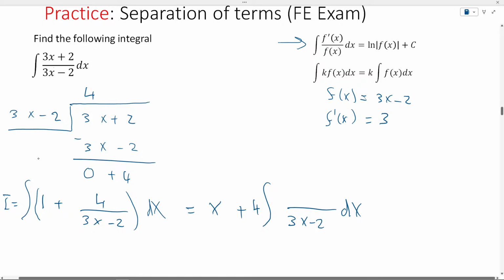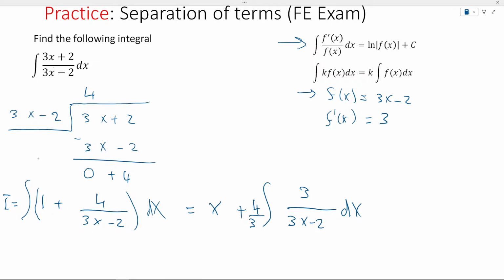Say, okay, I have this function, this is my f of x, and the derivative of this is this here. So what I can do is put the 3 here, but in order to put the 3 here, I need to put another 3 here so that they can cancel out.